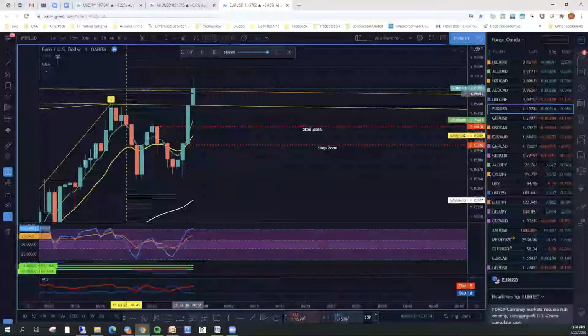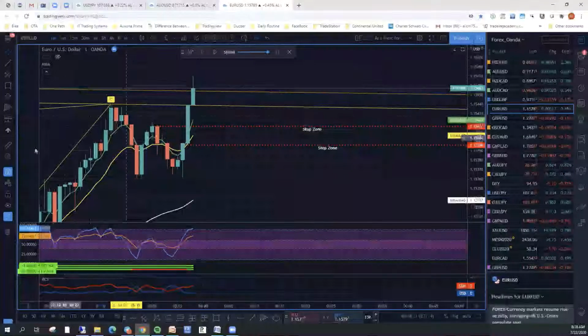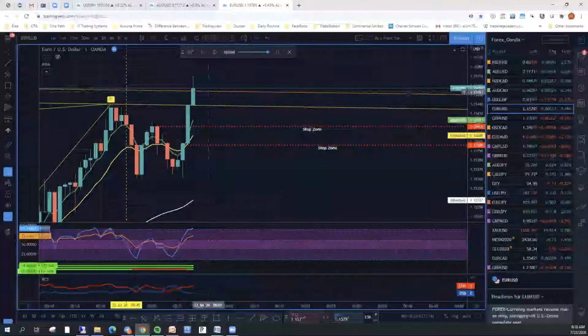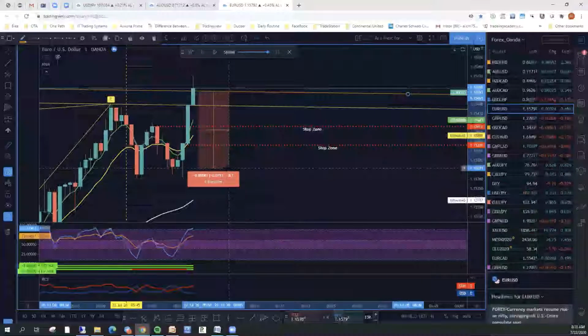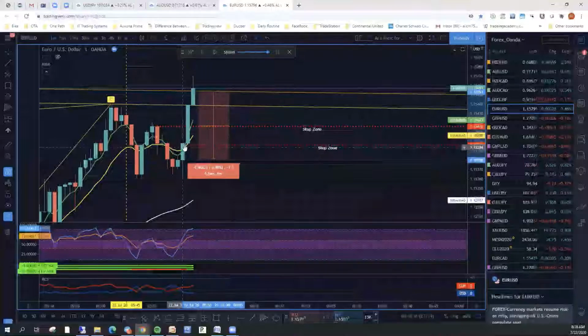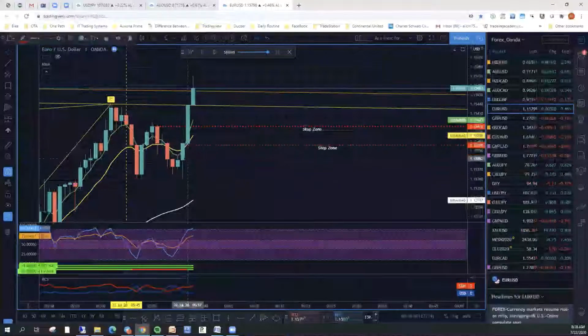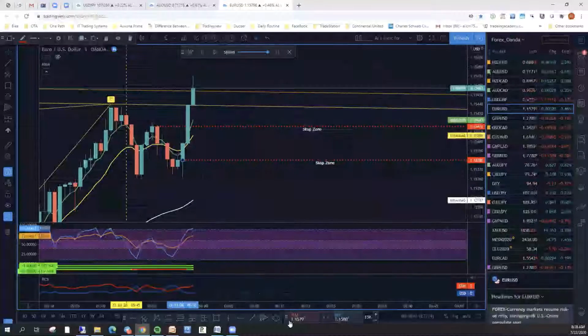Boom, there it is. Okay, I would be okay entering right on this candle. Now I would measure it. We know we have 2 pips from here to the top of the wedge. So there's 2 pips. You're still within your 7 pip zone, which should be right about in here. So this would be where your stop is, and you can enter the trade.